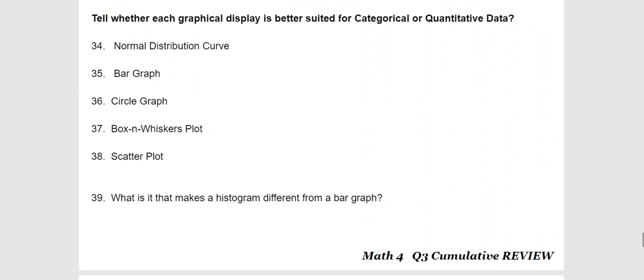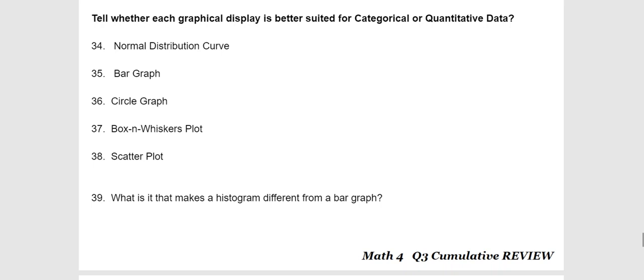Now, tell whether these are better suited for categorical or quantitative data. Oh, this goes back a ways, doesn't it? The real sticking point is categorical, because categorical does not do normal distribution curves. You can't have January, February and have a normal curve on that.